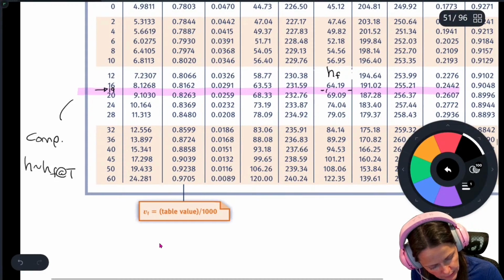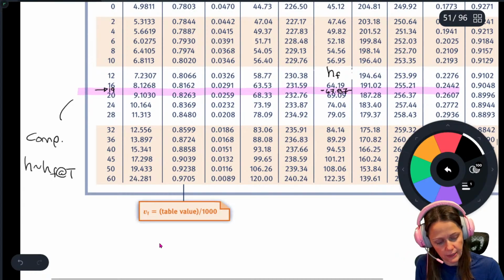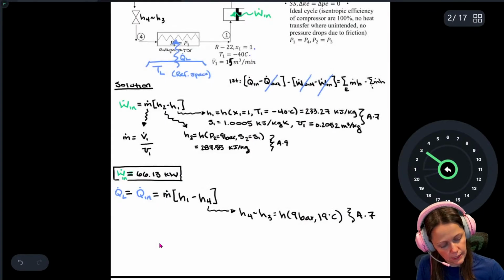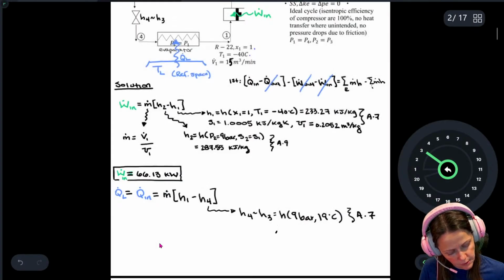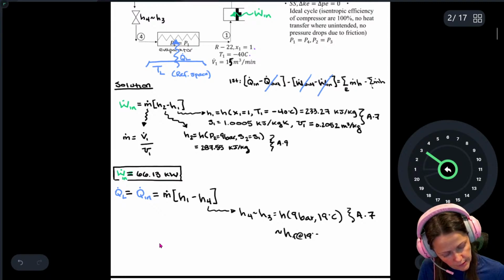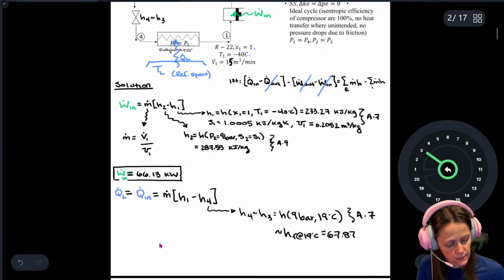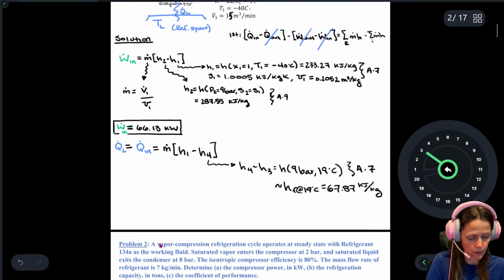And I'm going to write that on my notes, but I just want to show you where that came from. So this is approximately h sub f at 19 degrees Celsius, which is 67.87. That's kilojoules per kilogram. All right.